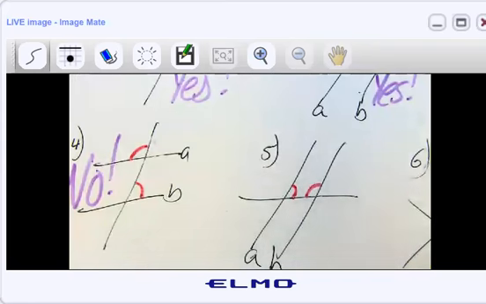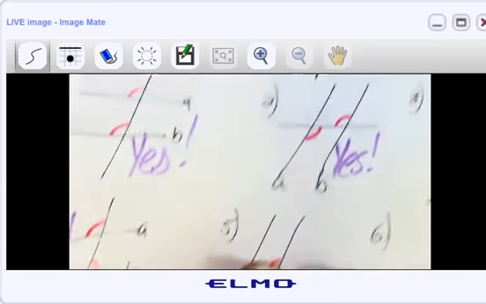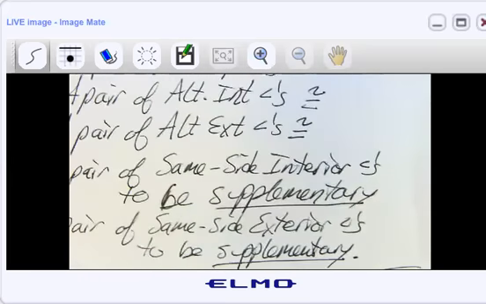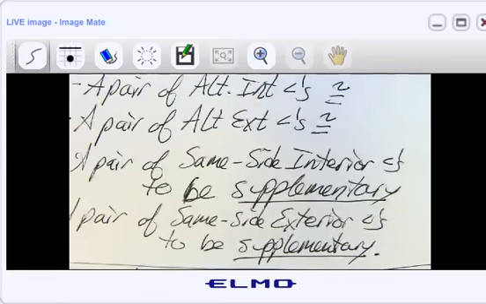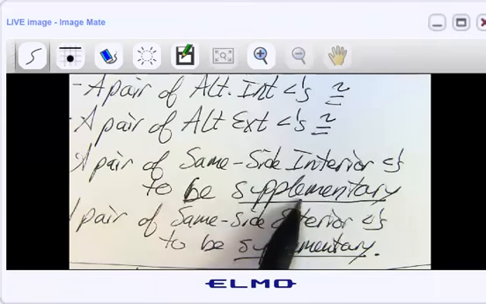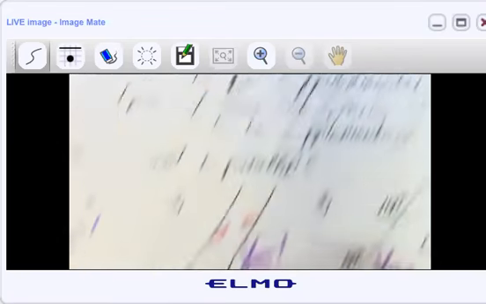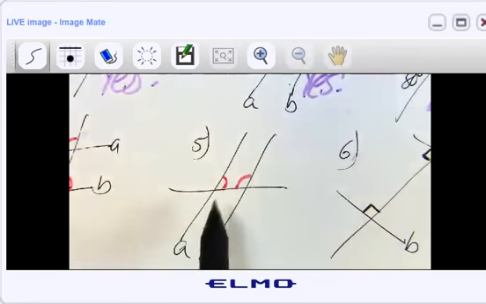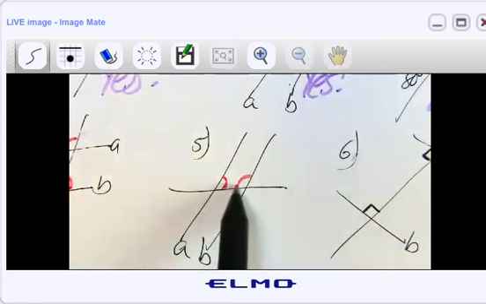So now let's go back up and see what same side interiors are supposed to be. Oh, look right here. It says a pair of same side interior angles are supposed to be supplementary. So are these supplementary? Yeah. How do you know?